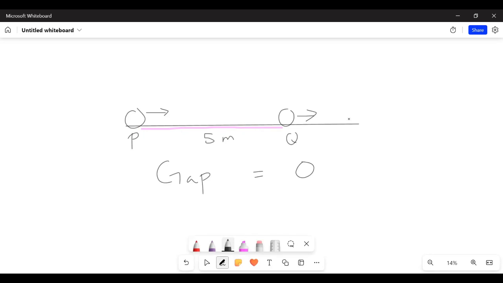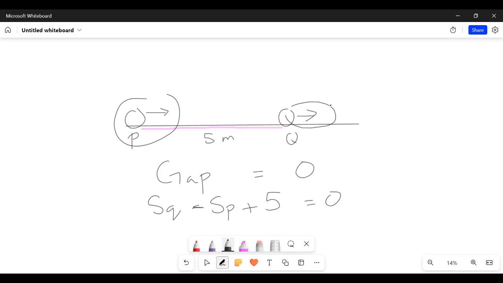How do you equate the gap to 0? You write the expression for the distance of the particle ahead, which is SQ. Then you subtract the distance of the particle that is behind, SP, and then you add the initial gap between the two, which is plus 5, and equate it to 0.